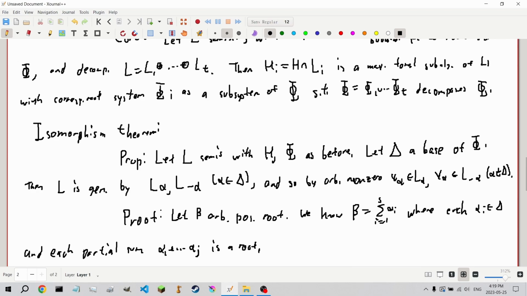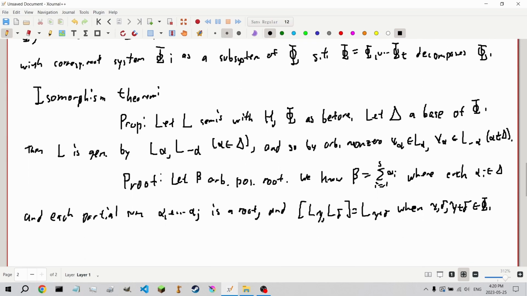We also know the bracket of two root spaces is the root space of the sum of the roots when all three of these are roots.